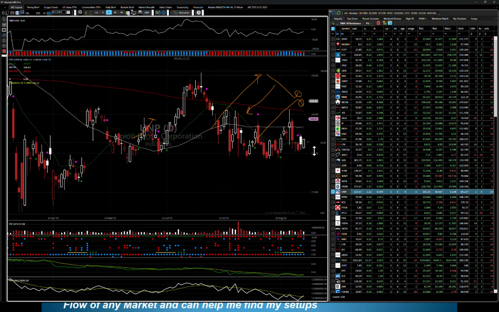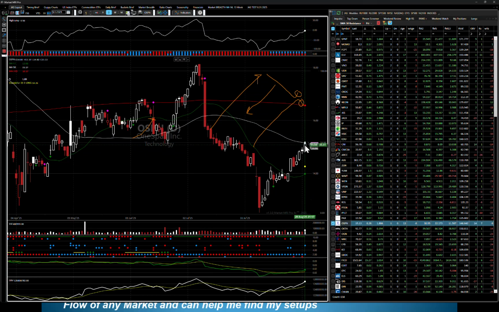So UNP, we closed below the 50. This is exactly what I want to be scanning for. We've retraced to the 50. So it's within 2%. Maybe we'll find a way to ultimately make it user changeable. This is exactly what I want to find.